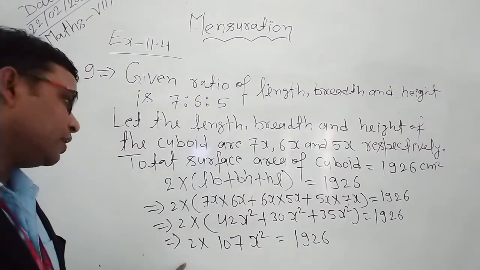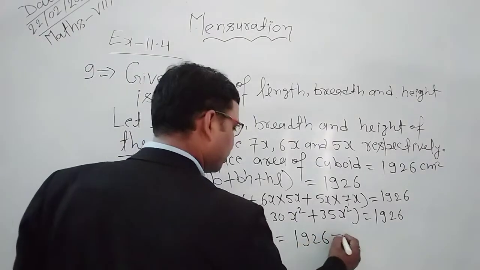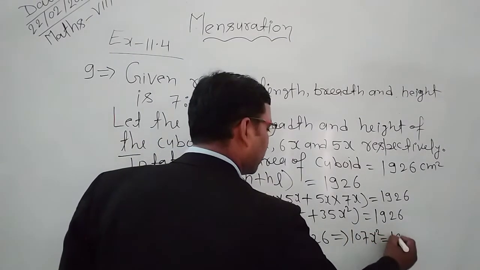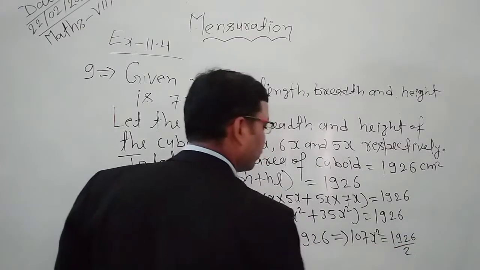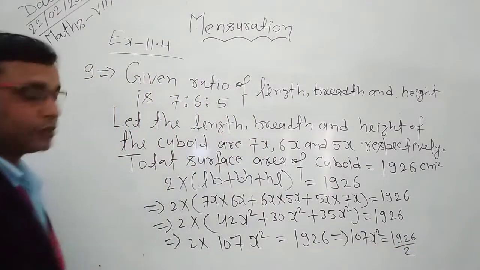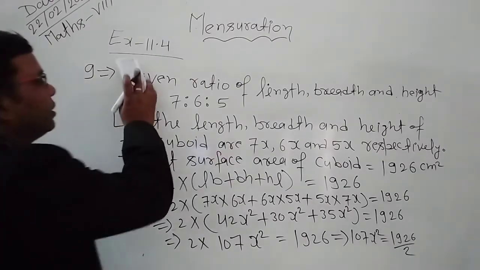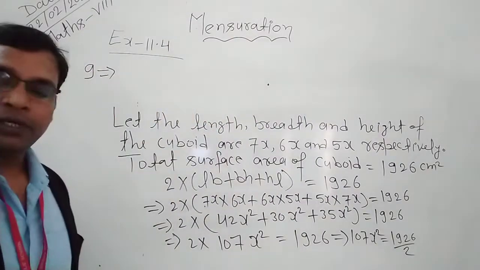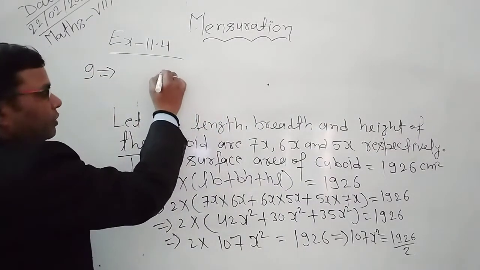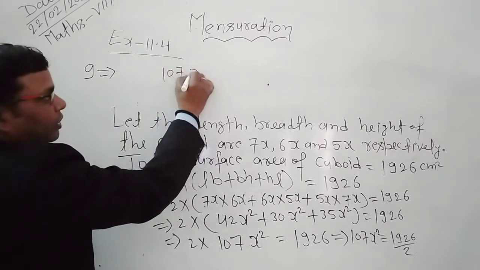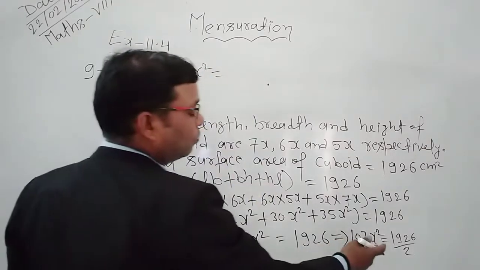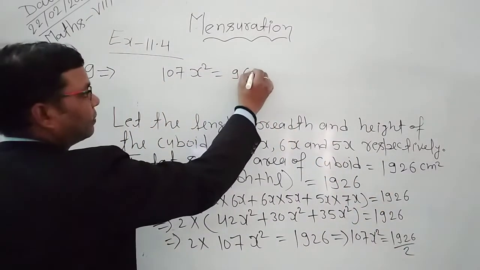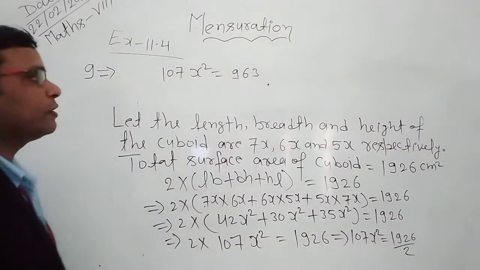If you divide it by 2, then you get 107 x square equal to 1926 by 2, and then you get the value of x. Now here you can write 107 x square, and dividing 1926 by 2 you get 963. This is clear.